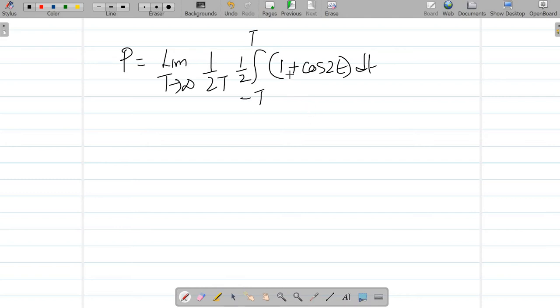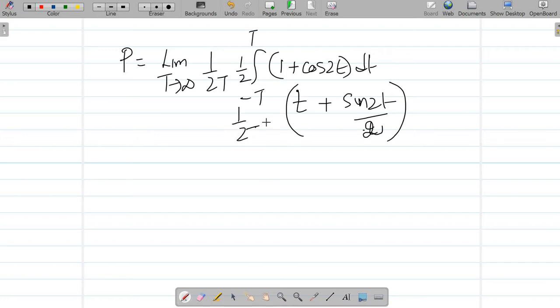So this one becomes t, and this one will become sine 2t by 2, and you have all these terms here, 1 by 2t, 1 by 2, limit t tending to infinity.